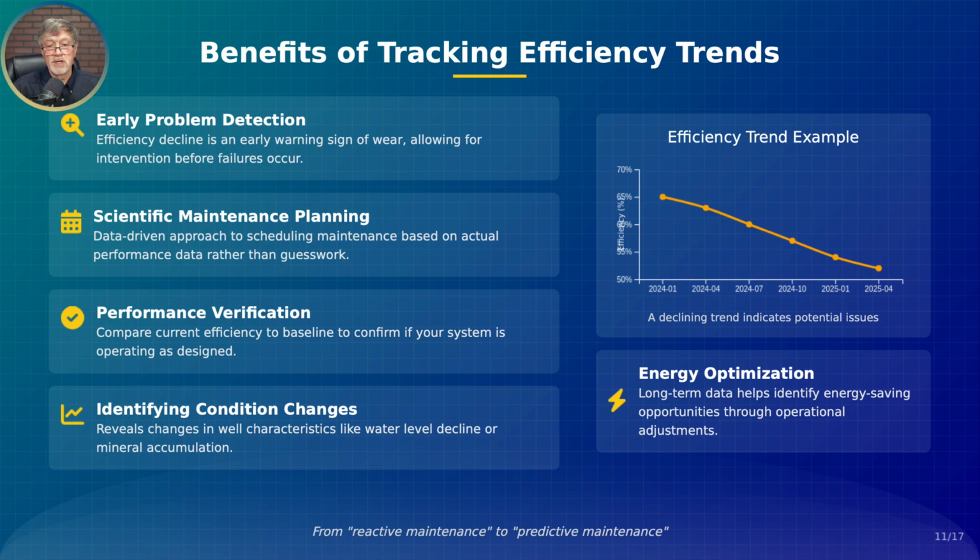So once again, the trends are what's important, but ultimately the wire to water efficiency is going to get us to energy optimization. Long-term data helps us identify energy saving opportunities through operational adjustments. So we're going from reactive maintenance to predictive maintenance, which is really what's going on here.